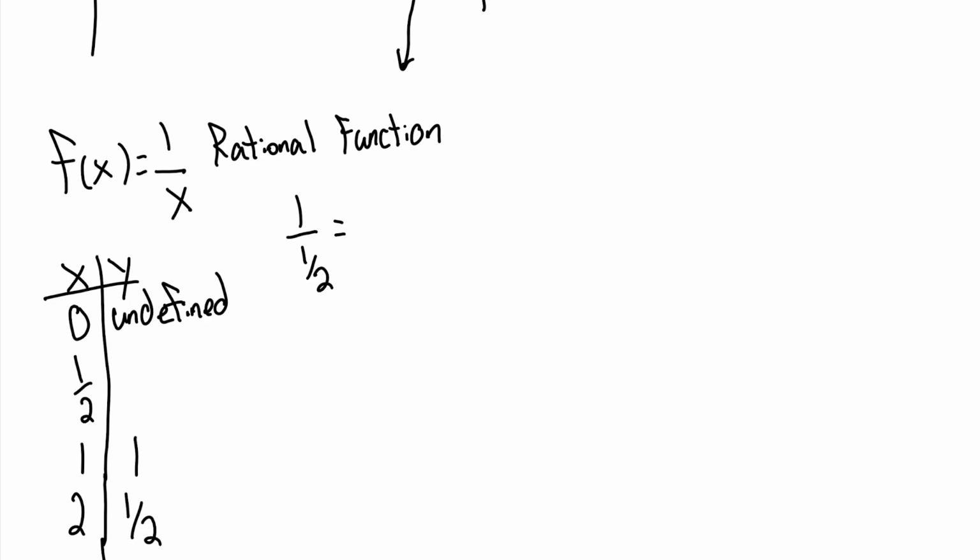So if you remember how to divide fractions, we do same, change, flip, right? You would keep the first number the same, change the division sign to a multiplication sign, and flip the second one. So in other words, we multiply by the reciprocal. So 1 times 2 over 1, which is just 2.